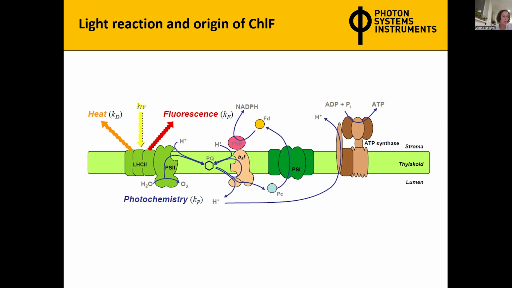Both of these complexes have two parts. There is a core called the reaction center, and, as you can see better on the left, there are light harvesting complexes, denoted by LHC. The role of these light harvesting complexes is just to gather light and deliver more of it to the reaction center. They work like funnels.